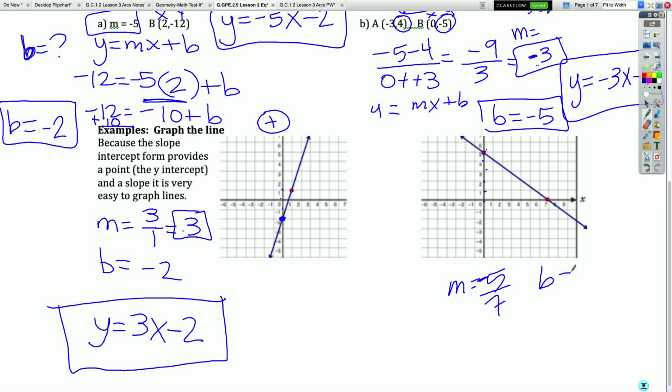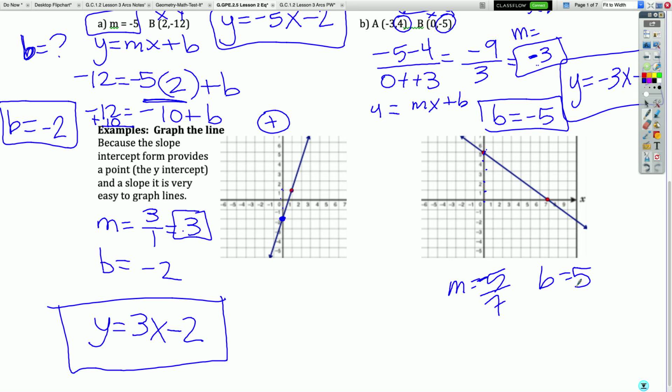I'll give you a second to find where that line crosses through the y-axis. Where does that line cross through the y-axis? Jelani? I threw you on the spot. Where does the line cross through the y-axis? 5.